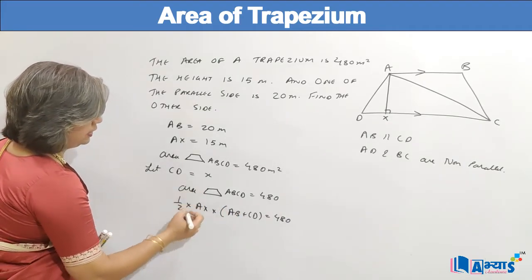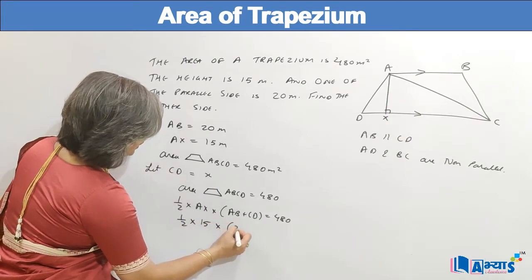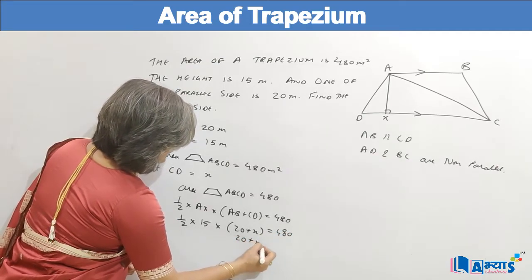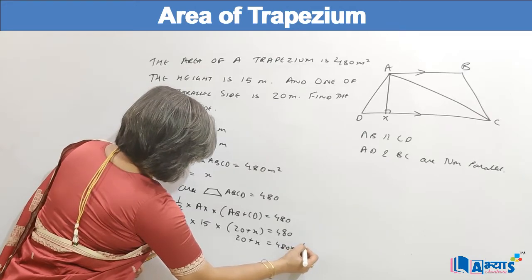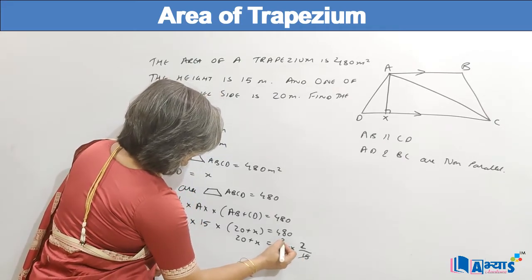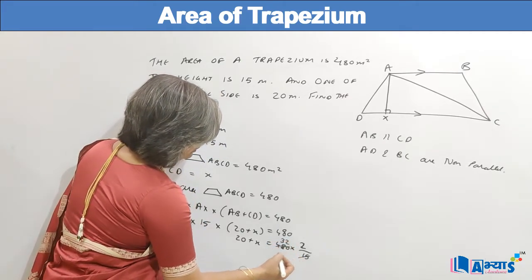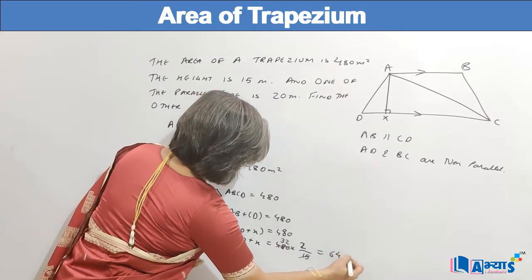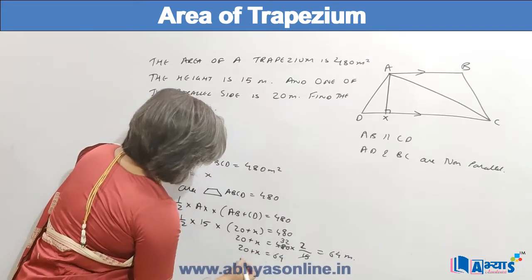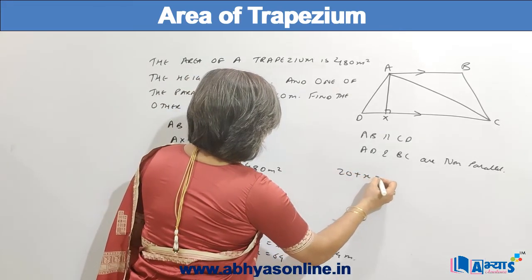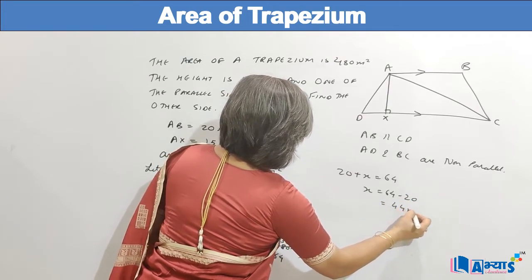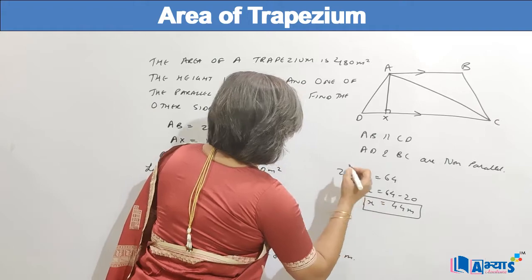Substituting the values, we will get half into 15 into (20 plus X) is equal to 480, or we can say 20 plus X is equal to 480 into 2 upon 15. Simplifying, we get 32 into 2, which is equal to 64 meters. So 20 plus X is equal to 64, so X will be equal to 64 minus 20, that is 44 meters. So the other side will be equal to 44 meters.